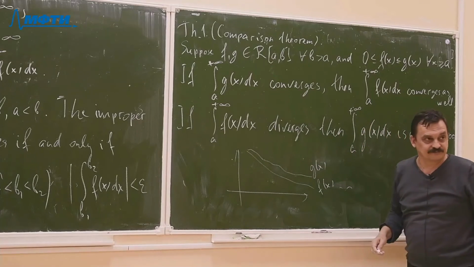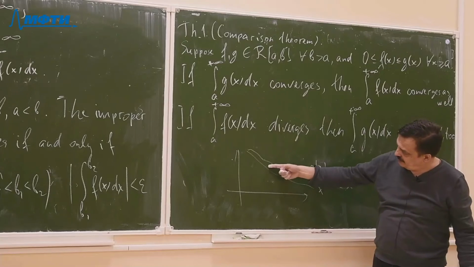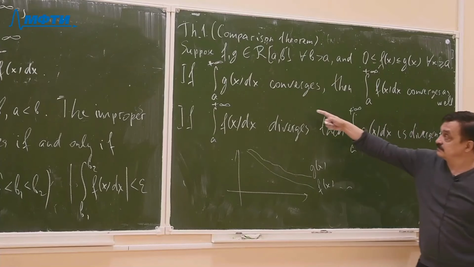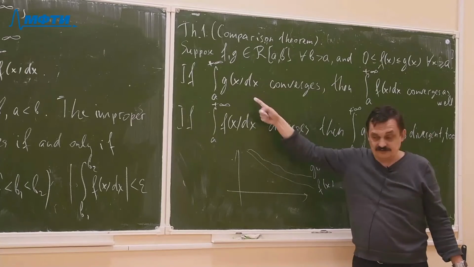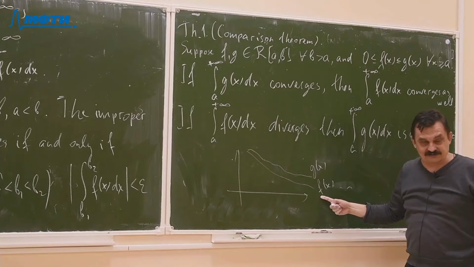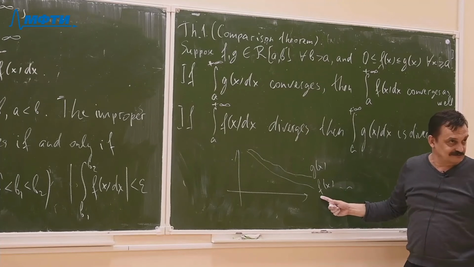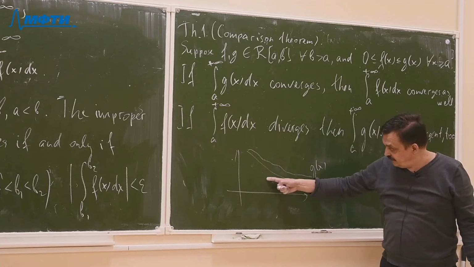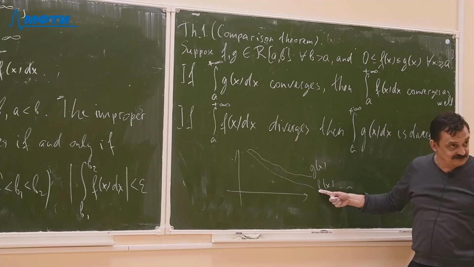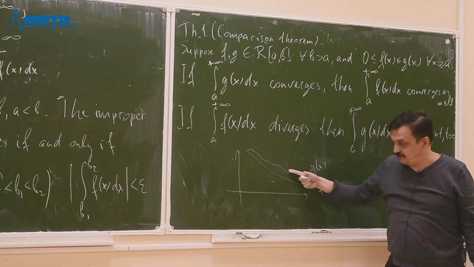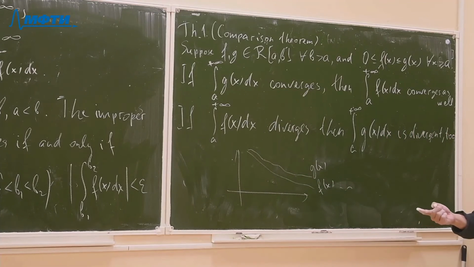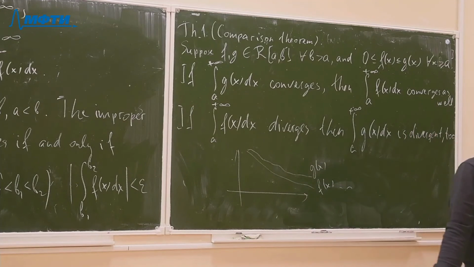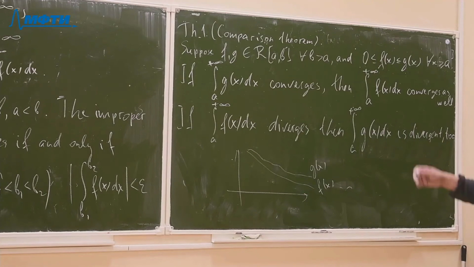If the area under g of x is finite, meaning the integral of g of x converges, then the area under f of x is finite as well. And conversely, if the area under f of x is infinite, then the area under g of x is infinite as well, because the area under g is always greater or equal than the area under f. That is the meaning of this assertion.